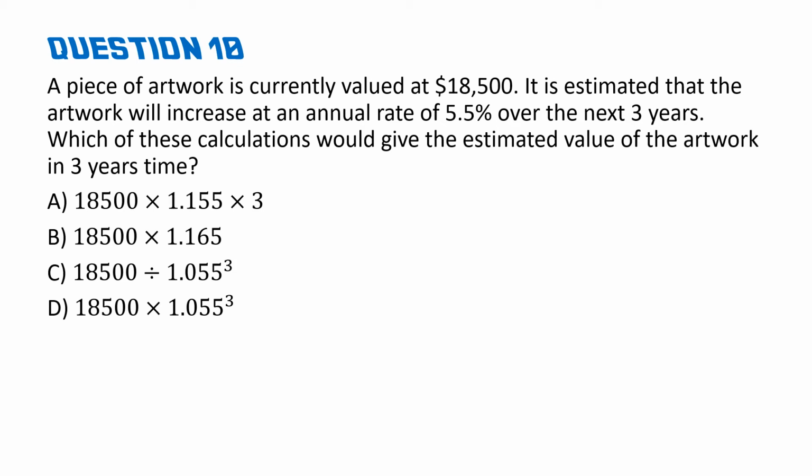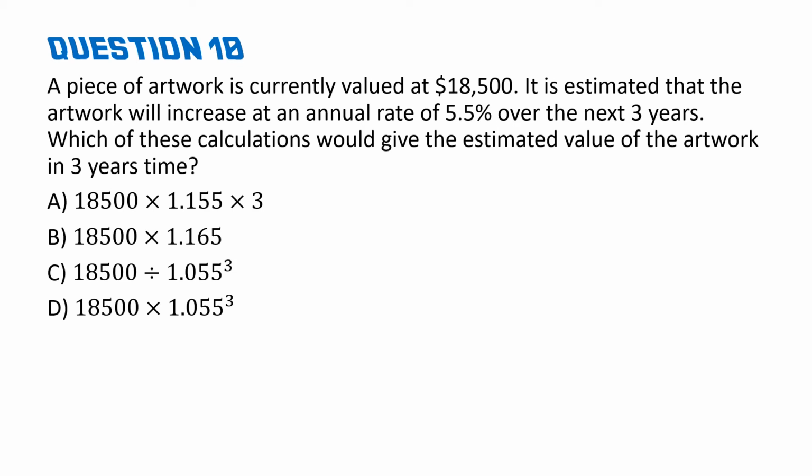If we added 1 to that, we would get 1.055. So that 1.155, not sure where that comes from, but that top row is starting to look like a simple interest. We don't want simple interest, so it's not A. B, I have no idea where they would get 1.165, but there's nothing there to do with our 3 years worth. So there's no point even looking at that one. Let's cross that one out.